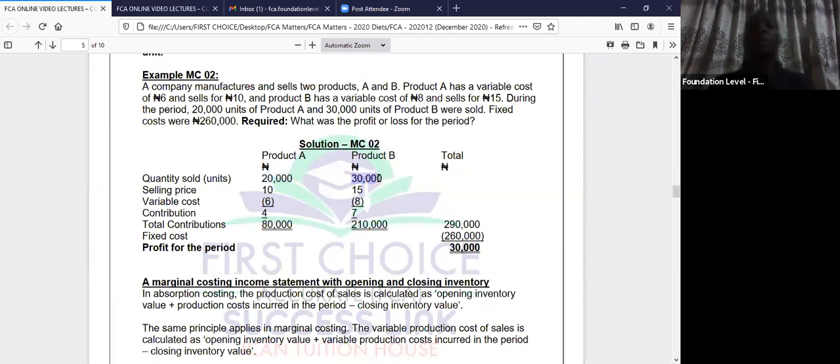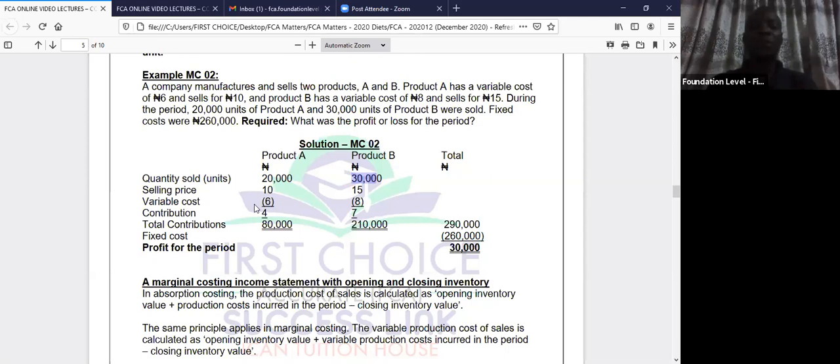The assumption here is these are the quantities that were produced and sold. Now, once again, we are not dealing with stock. There is no opening stock, no closing stock. So what does that mean?